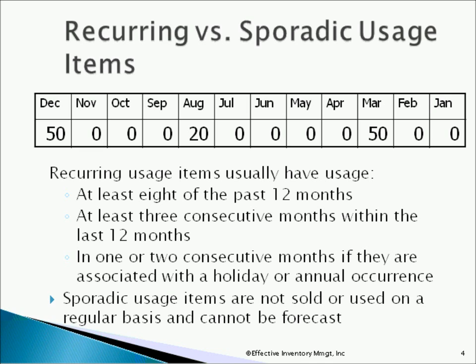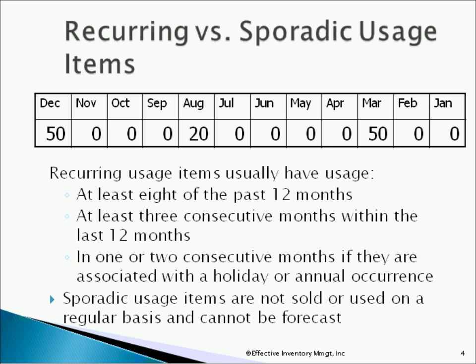Also falling into the seasonal categories are those products that have had usage in 1 or 2 consecutive months in the past 12 months if they are associated with a holiday or an annual occurrence of some sort. Items that fall into one of those 3 classifications have recurring usage.